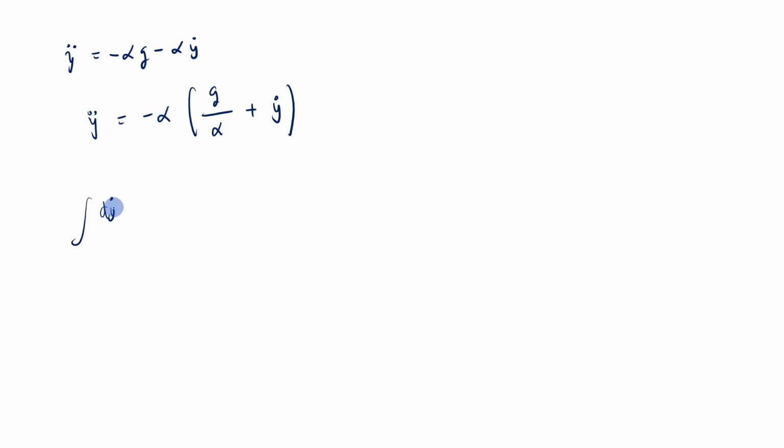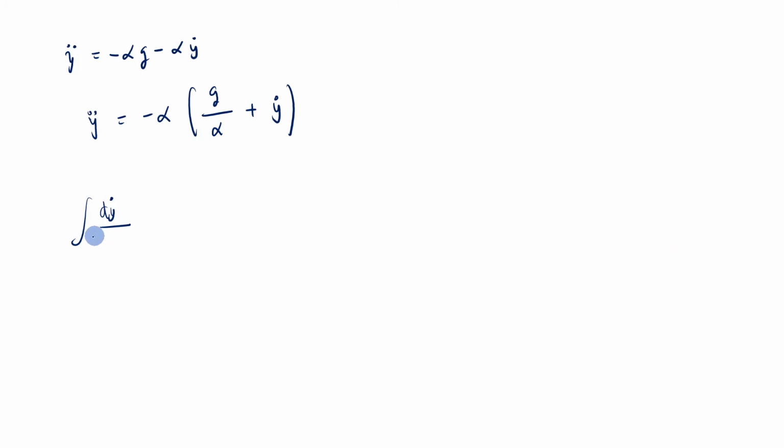And let's make the equation and function for y. First we can write y double dot equals minus alpha g minus alpha y dot, which can be written as minus alpha times the bracket g divided by alpha plus y dot, and it can be integrated with the same approach as the x term.